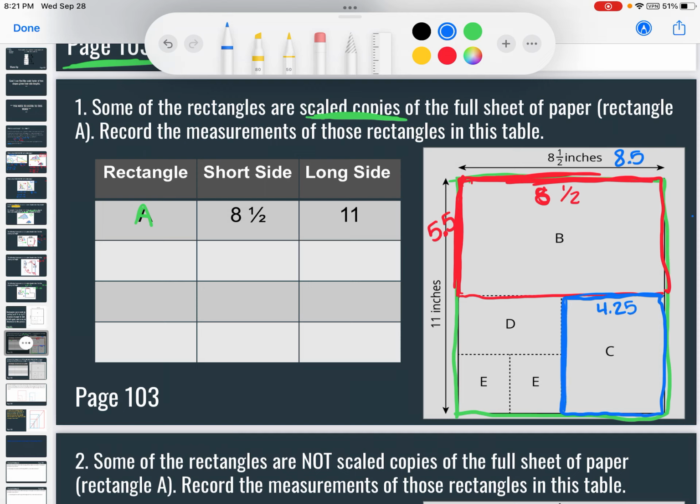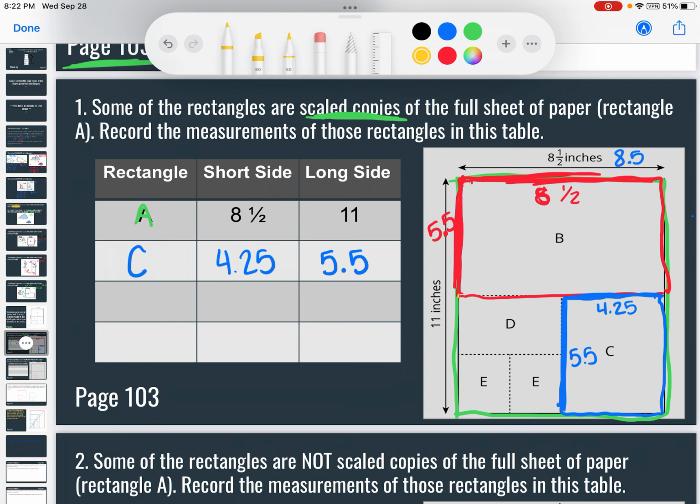It looks like we cut the long side by 2 also. So this is 5.5. And C is a scaled copy because I cut both the short side and the long side in half. So they are scaled copies of each other. My short side is now 4.25 and my long side is now 5.5.